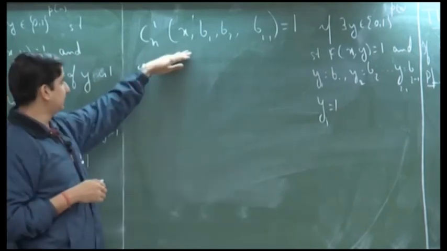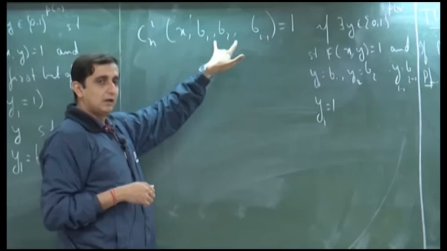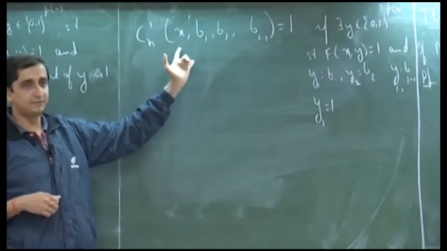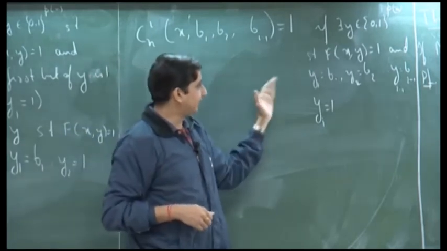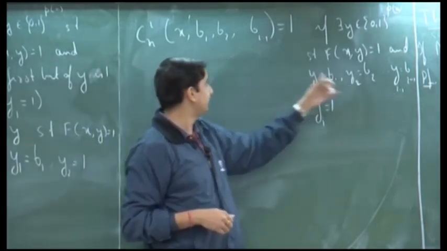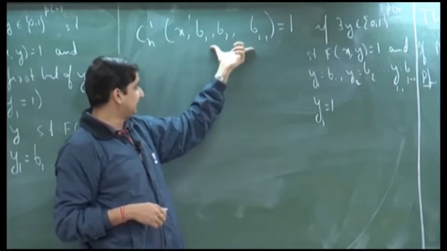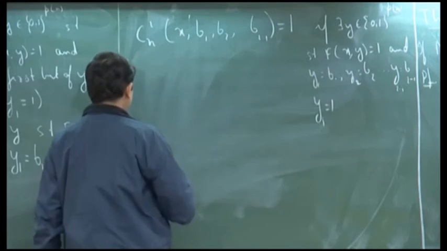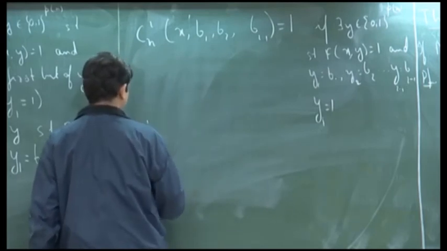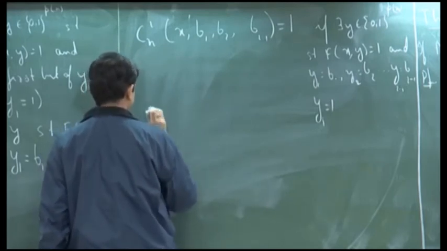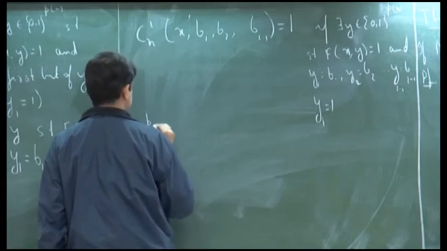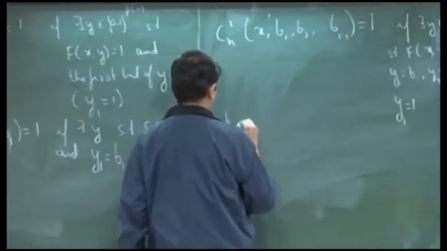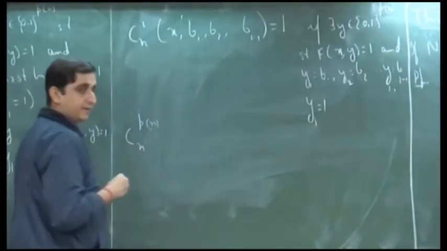If you have such an input, again this circuit can be realized by an NP machine which just guesses a y. It verifies whether the first i minus 1 bits are equal to the given i minus 1 bits and the ith bit is 1 or not. Similarly we do this and we get the circuit Cn p of n.